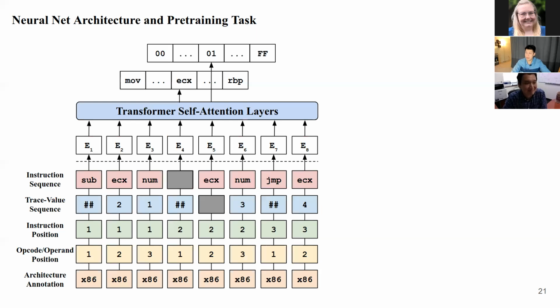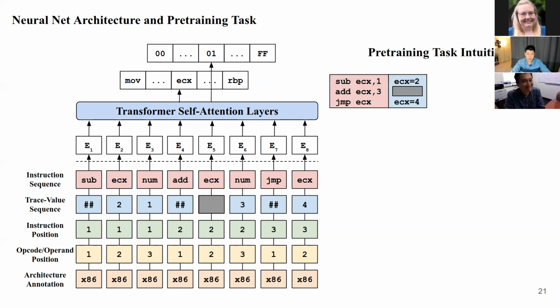It turns out that this modeling helps the model learn for more difficult downstream analysis tasks. But for binary similarity, yes, we find that learning control flow does not improve the model that much. Thanks for the question.